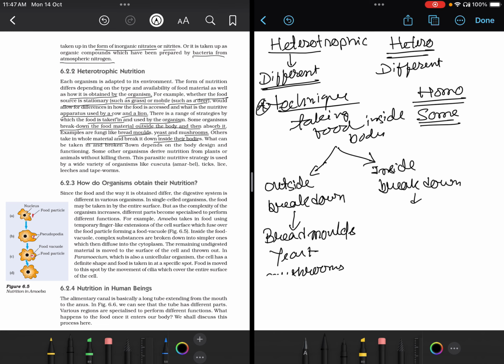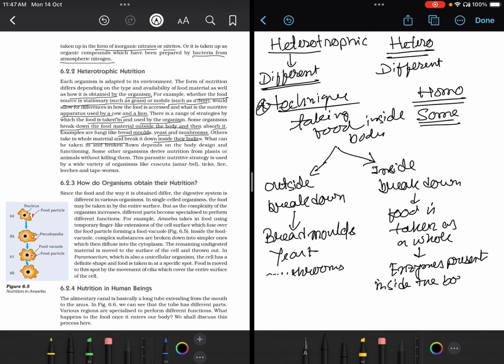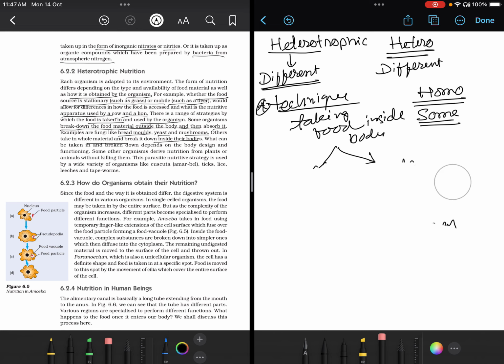For inside breakdown, the food is taken in as a whole, and enzymes present inside the body will break down this food. Understand this? Easy? Okay. Next, move to the next part.